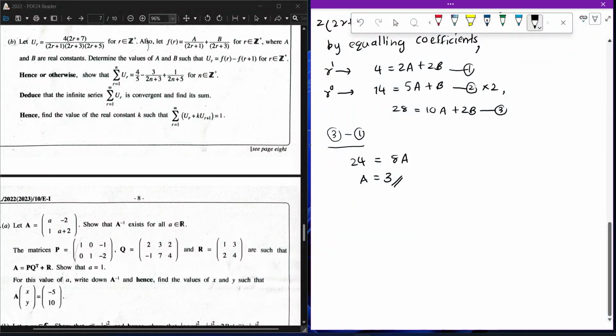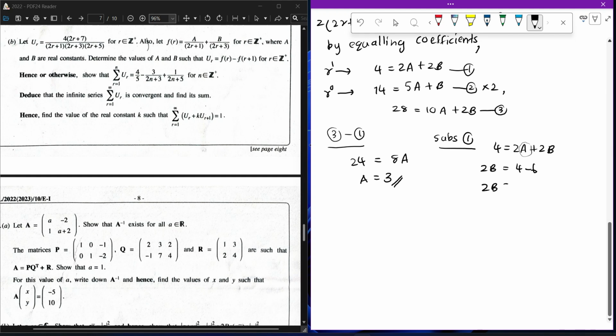And now that we have found out a equals 3, we can substitute into quite a simple equation out of these 3. Substituting into 1 would be the best option, that is 4 equals 2a plus 2b. And then once you substitute 3 for this particular a, it will be 2b equals 4 minus 6, right?